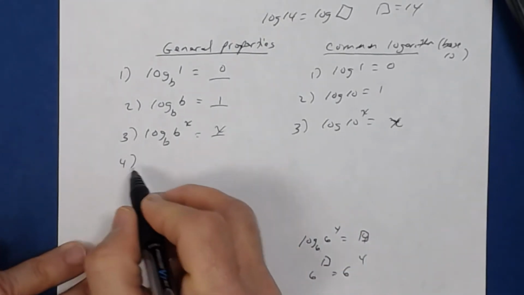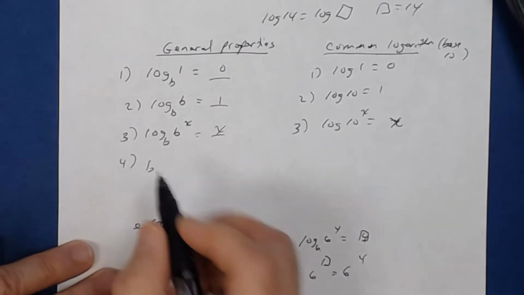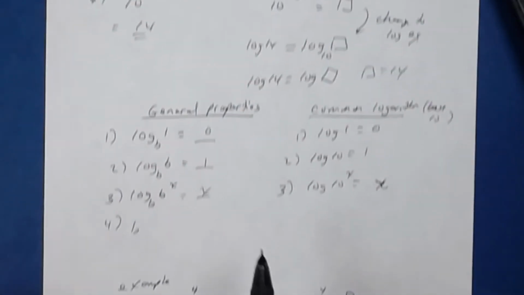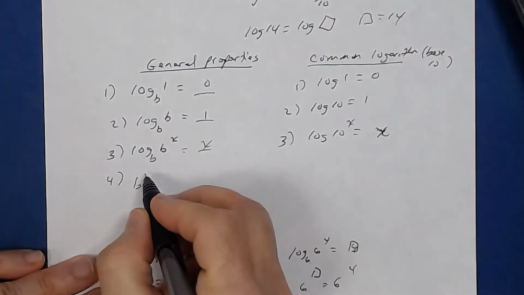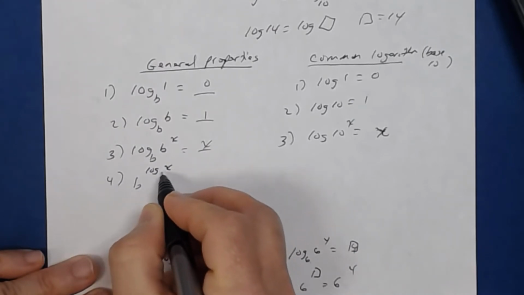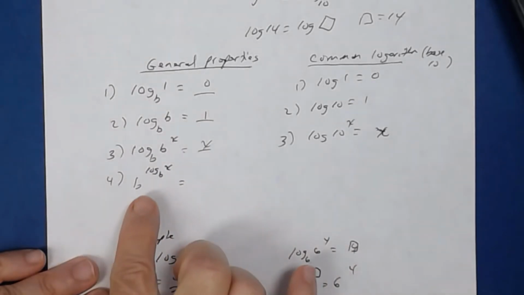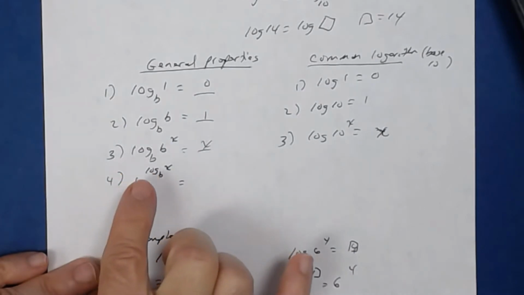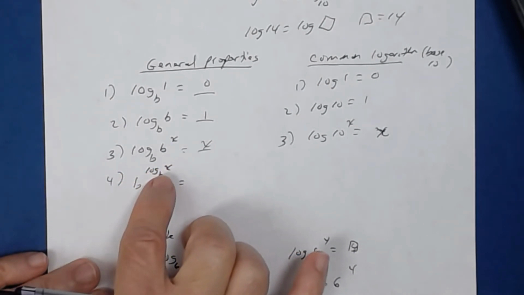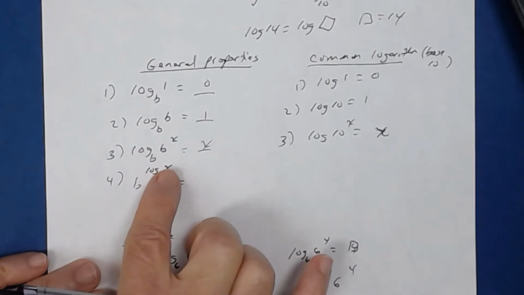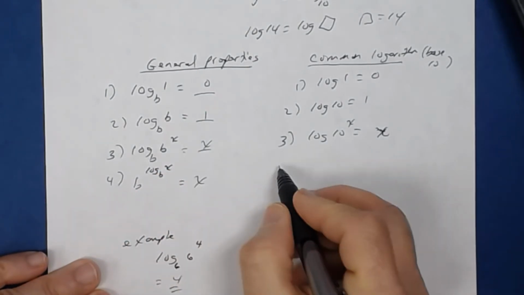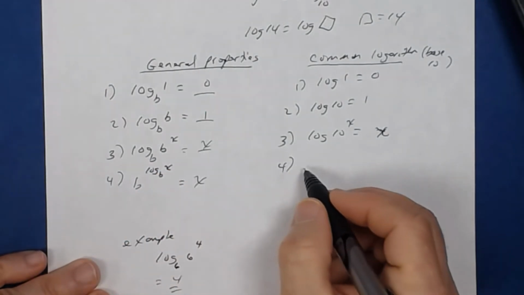And so number 4, we have b, and that goes back to this one now. So we have b to the log of x base b. Notice that the log expression is in the exponent now, but this base and this base are the same, so it's just the argument. That takes us to the common logarithm. Same idea.